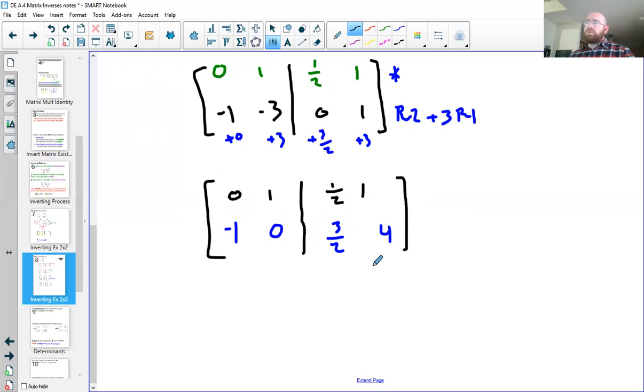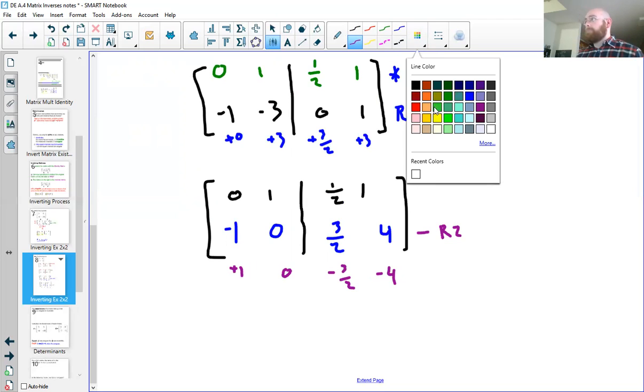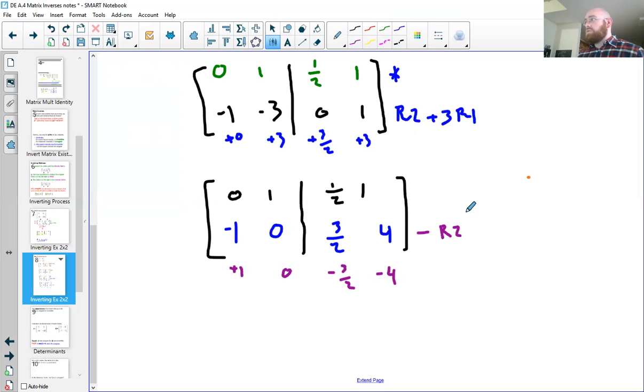I'm going to do 2 things in one step. So the first thing I'm going to do is negative row 2. So this would turn into a positive. So it would be +1, 0, -3 halves, -4. And then what I'm going to do is switch row 1 and row 2.